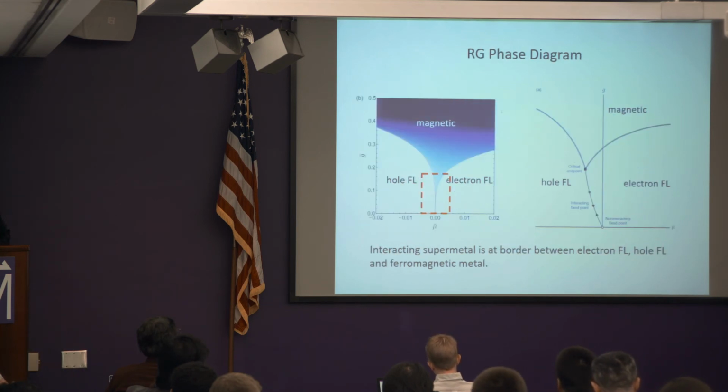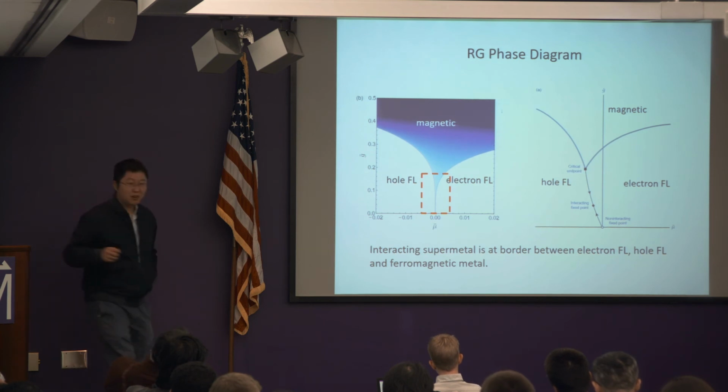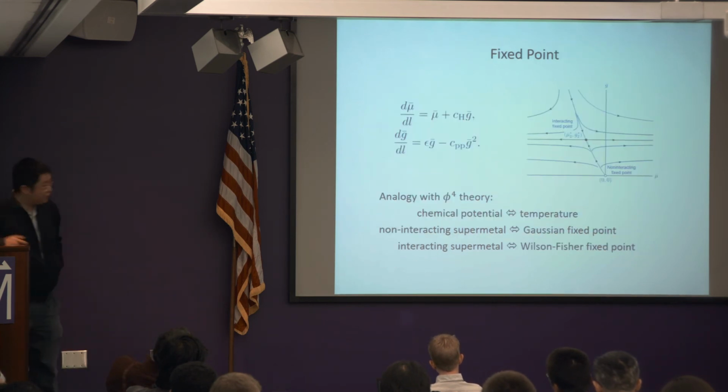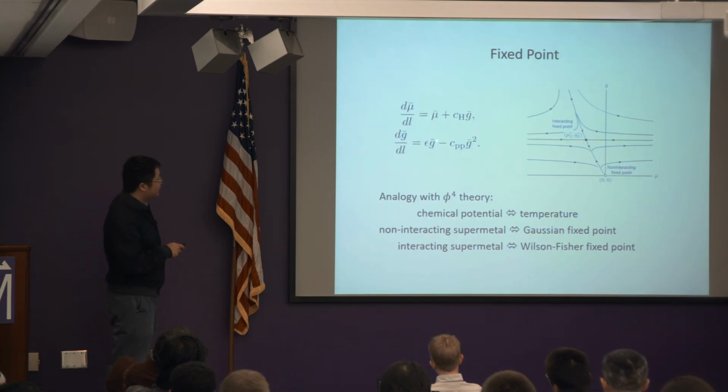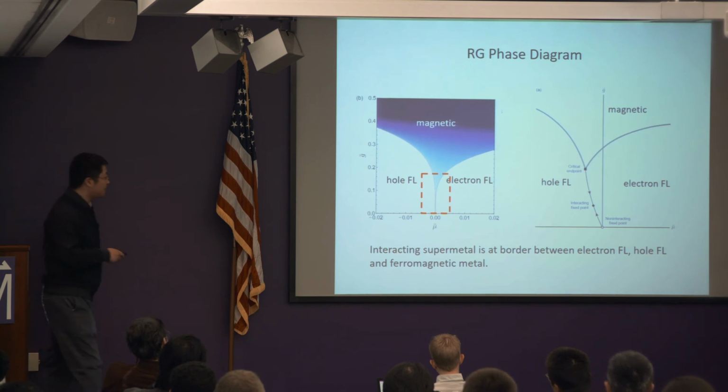Okay, so putting all this together, I also want to emphasize that this new fixed point we find is at interaction strength of order epsilon, much smaller than 1. So that's why this is a controlled calculation.